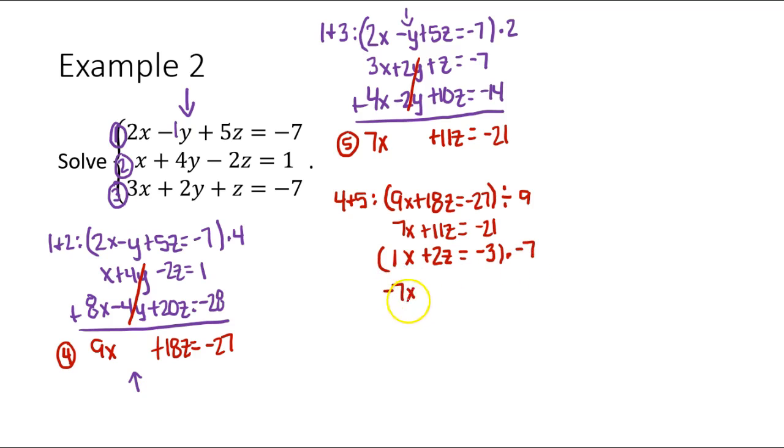That gives me negative 7x minus 14z equals 21. That's going to be a positive 21. And I'm just going to take this equation and write it down here underneath: 7x plus 11z equals negative 21. And now we can add these together.